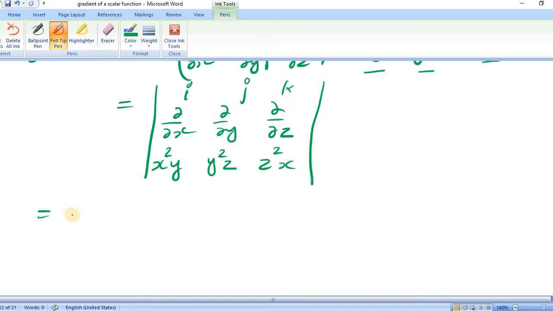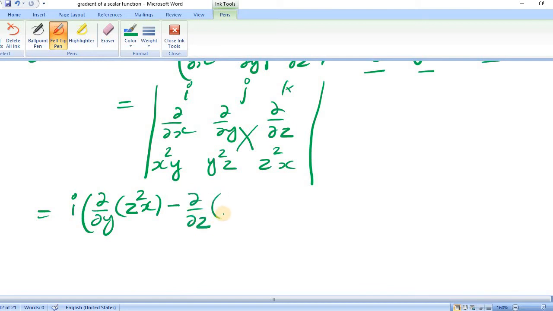Let me open this determinant. So the first is i, and then we have the cross product. So this is del upon del y operated on z square x minus del upon del z operated on y square z. Then there will be a minus sign. This is j, and now we have to do the cross product of these.